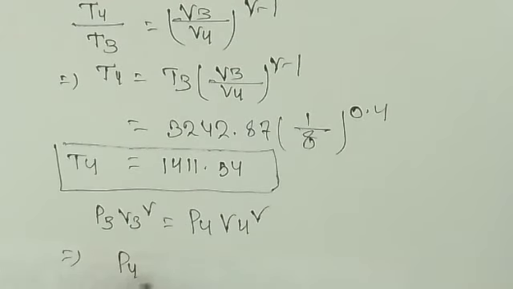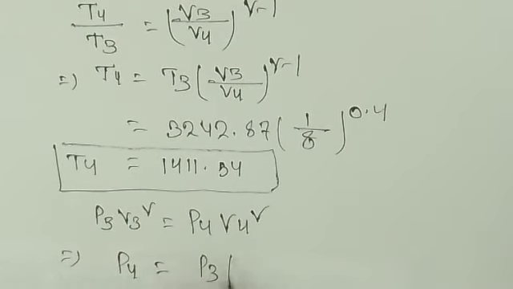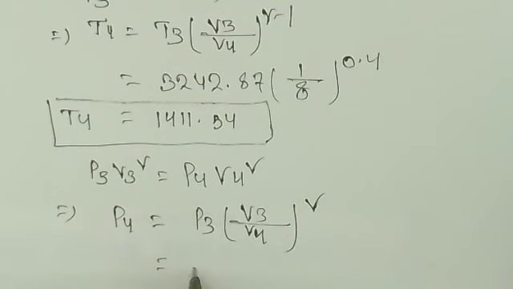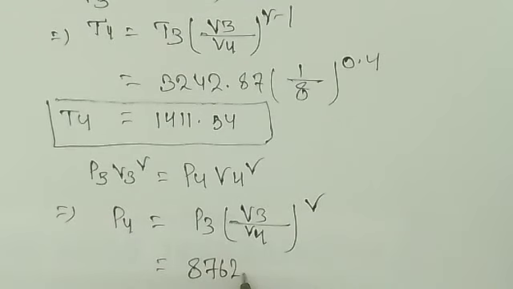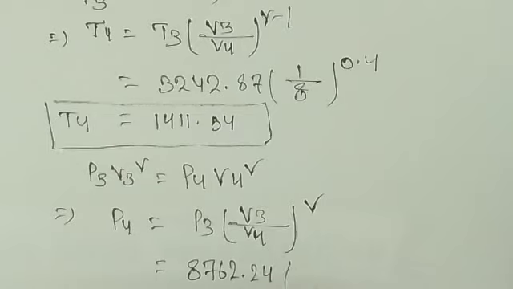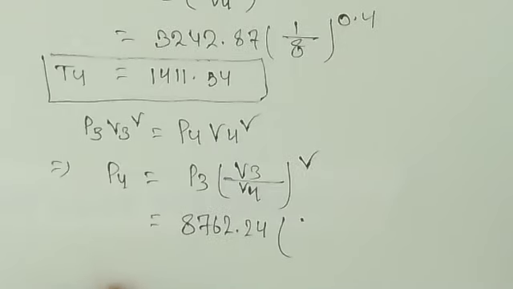So P4 we can get. P4 is equal to P3 times (V3 by V4) whole power gamma. P3 we already calculated, which is 8762.24, and V3 by V4 is nothing but 1 by 8.